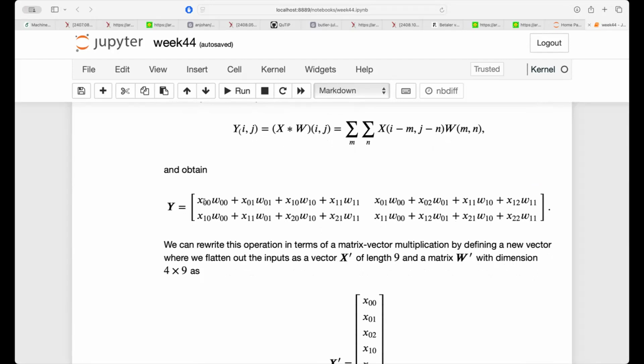So X00 appears only here, but middle points like this X11 appear here, here, and here as well, and also here. This is a case where we only had a 3x3 matrix. If you make a larger matrix, you will see very clearly that the endpoints will only appear in one specific place in this output matrix.